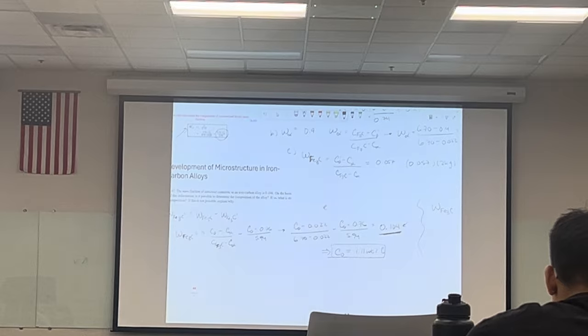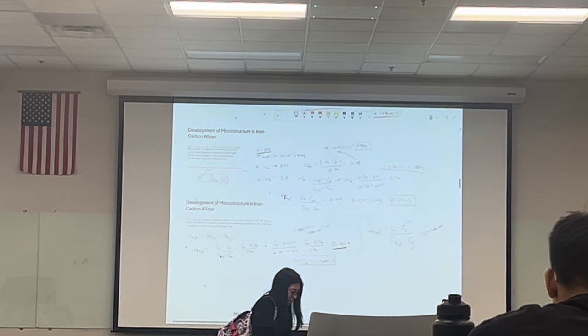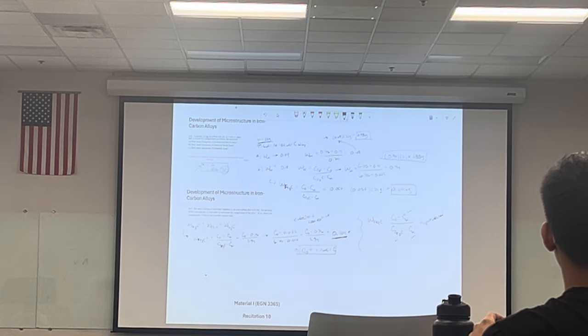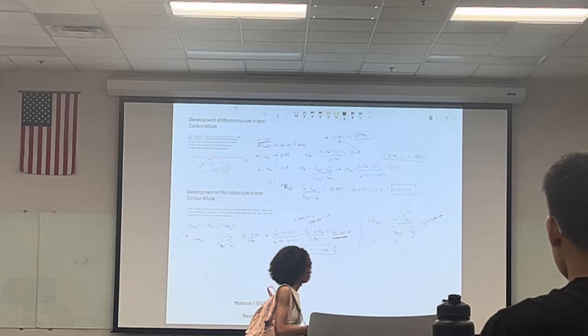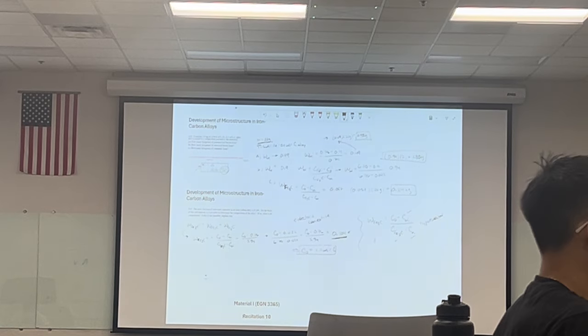Eutectoid cementite was this one. Cementite. Technically, the answer for this one is going to be a little bit different, but it's going to mean the same thing because you're working with the phase diagram.